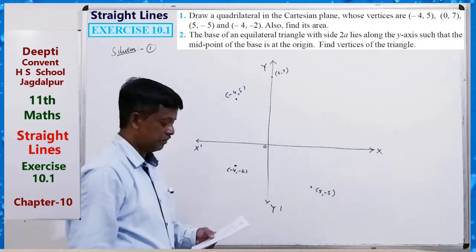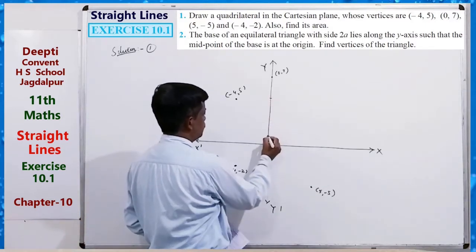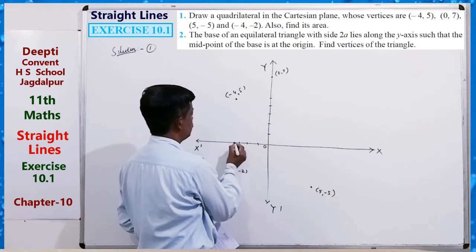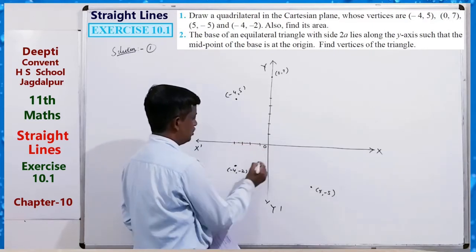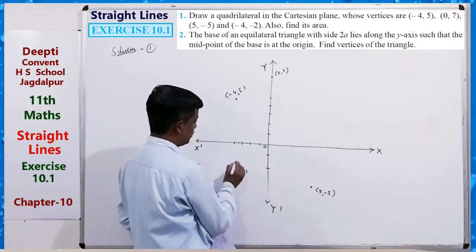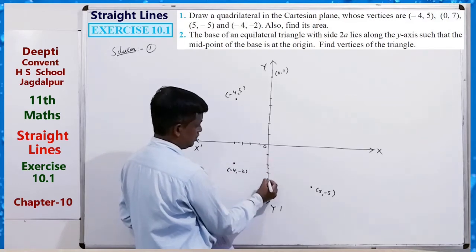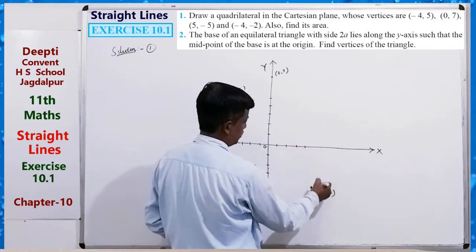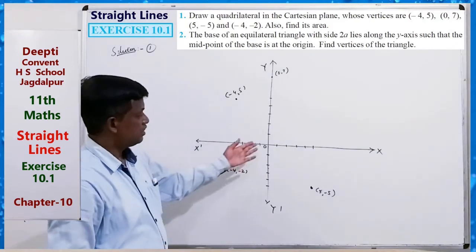So this is the quadrilateral we can draw by marking the scale: 1, 2, 3, 4, 5 here, and 1, 2, 3, 4 on the other axis. Just draw it in the coordinate plane.